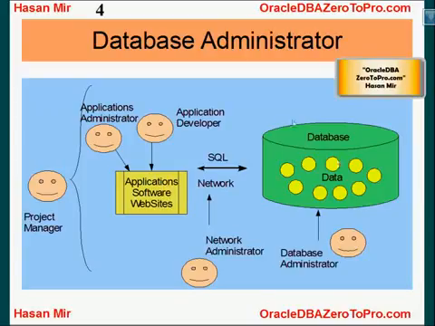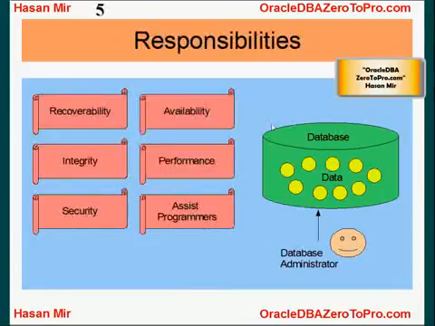Now if you want to break the responsibility down into a list, this would be the list of main responsibilities of a DBA. The DBA is responsible for recovery of the database if the database crashes. It has to be within an acceptable time that has already been agreed upon by everybody.